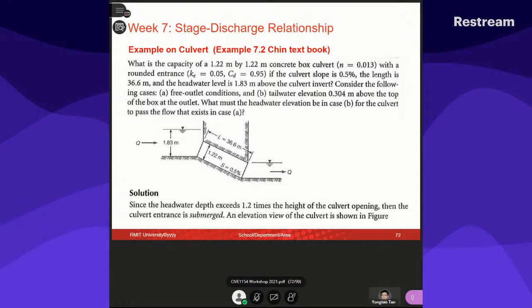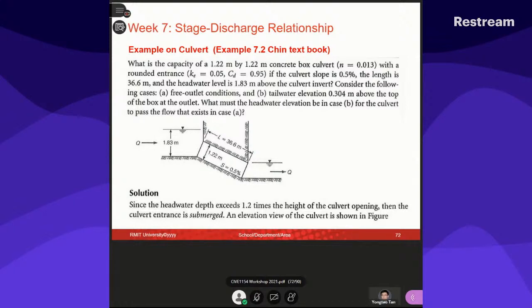The n is 0.013, and the entrance is rounded, with Ke 0.05 and CD 0.95. The culvert slope is 0.5%. The length is 36.6 meters. The headwater is 1.83 meters above the culvert invert. Consider the following cases. A, free outlet conditions.